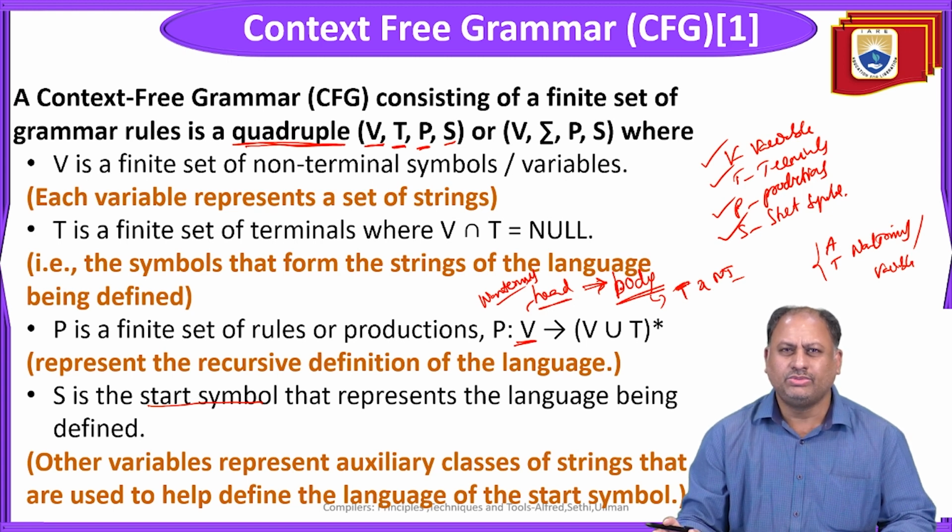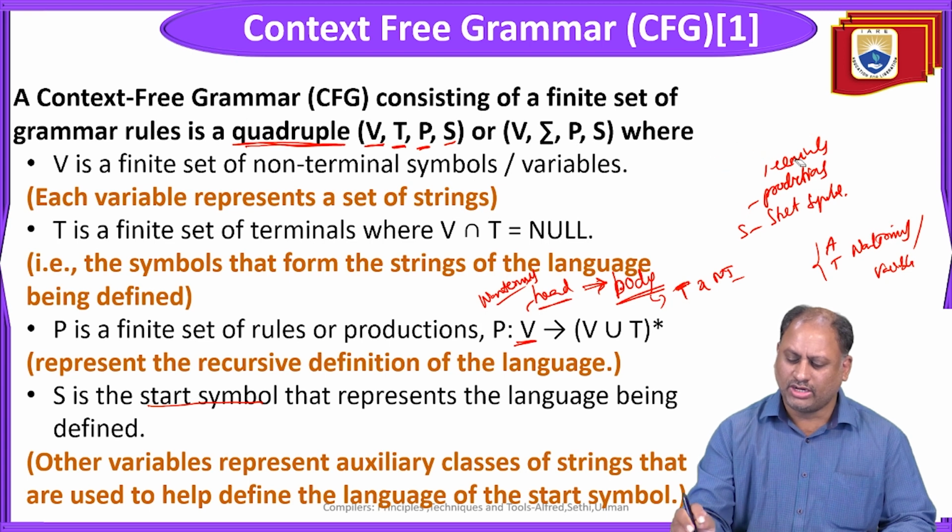So we may use different notations for representing these variables, terminals, productions and set of rules. These classes of strings are used to help define this particular grammar notation also.